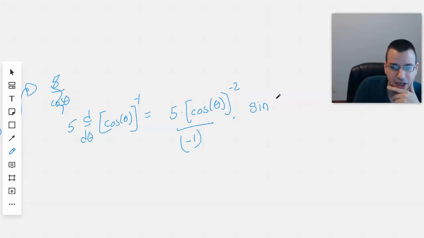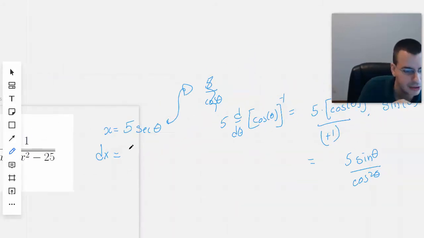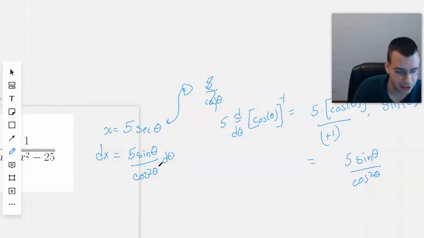Derivative of cosine is negative sine of theta, so that makes that a positive. So this equals 5 sine of theta over cosine squared of theta, d theta.